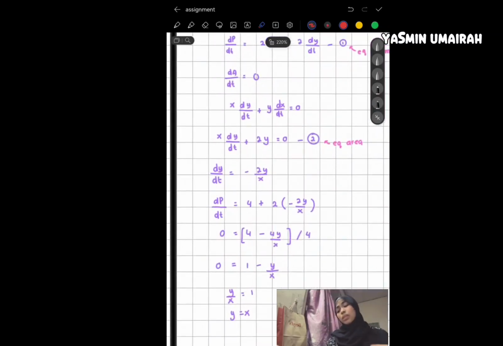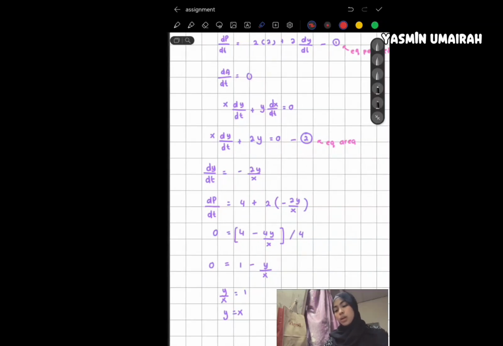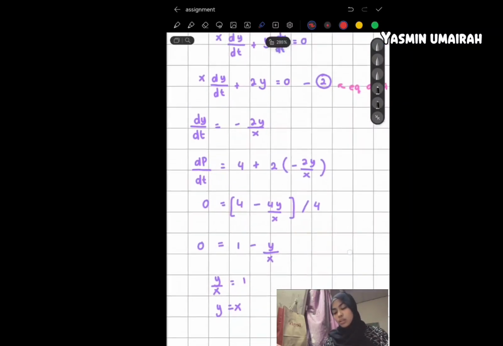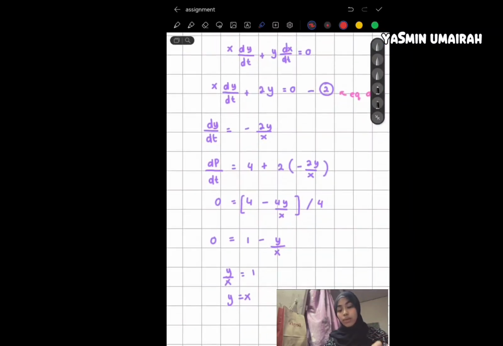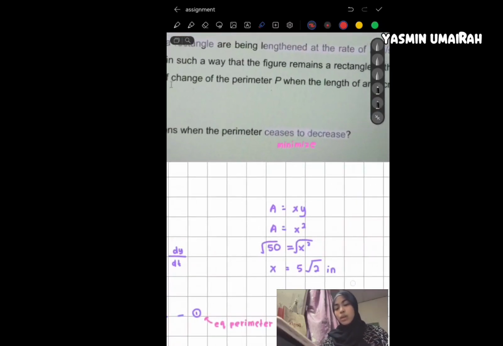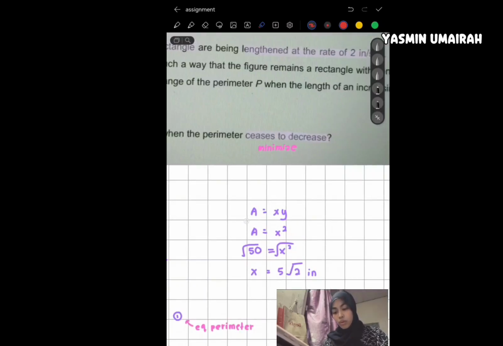So we know that dP/dt is 0, so we just simplify it by dividing by 4. After we divide by 4, we got y equal to x. So when y is equal to x, from the formula, area is equal to xy, meaning x equal to y and y equal to x.